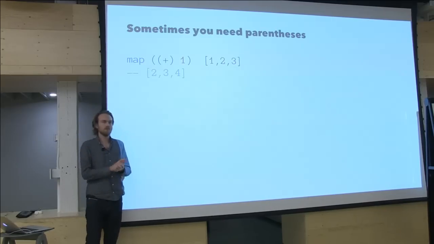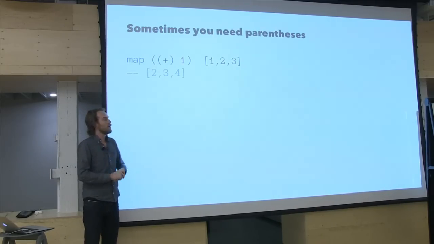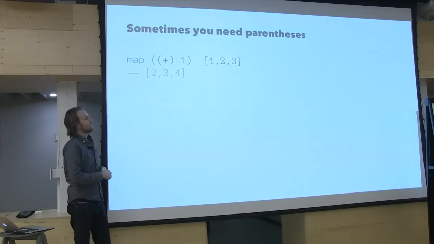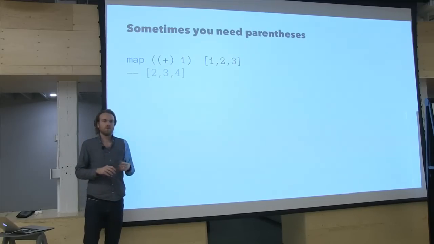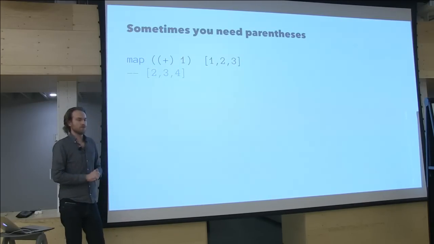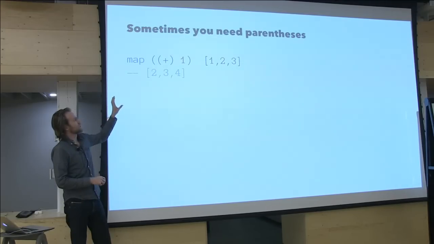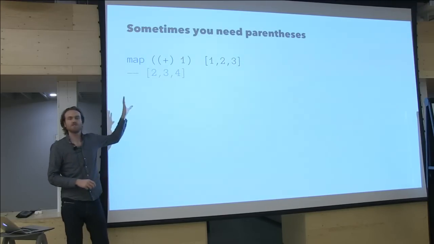Sometimes you'll need parentheses, just like in most languages. It's almost not worth mentioning because it works the same way. Basically, you put parentheses around things that you need to group together so that things aren't ambiguous for the parser. But in these languages, it just happens in different places.